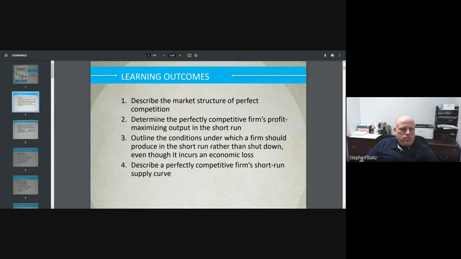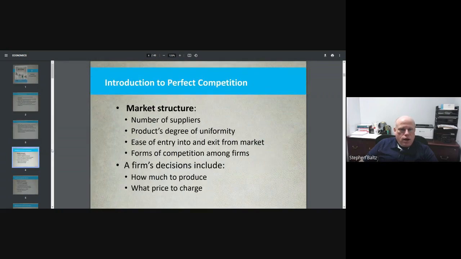But basically, the things that determine market structure are, first, the number of suppliers in the market. For example, in perfect competition, you have many sellers or suppliers in the market, whereas in monopoly, which is on the opposite end of the spectrum, you have only one supplier.